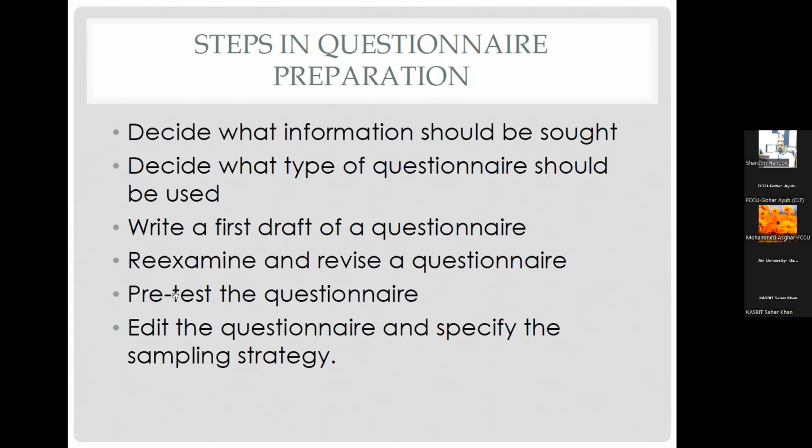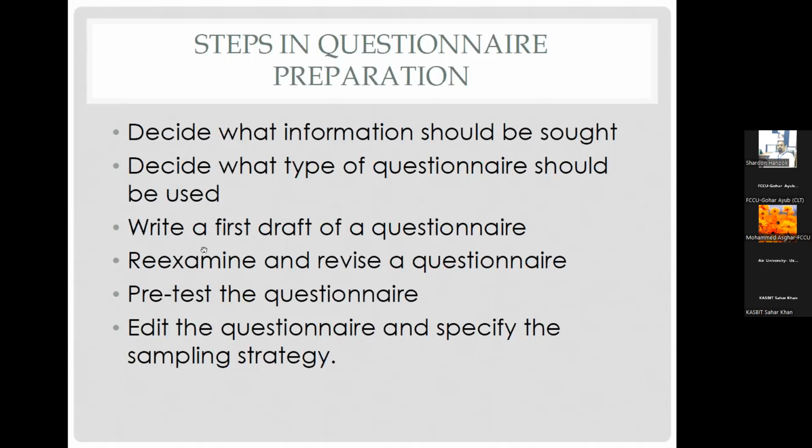So pre-testing is one of the very important keys that actually helps us to test our questionnaire's validity as well. You can also do content validity here when you are re-examining and revising a questionnaire, in the pre-testing as well.